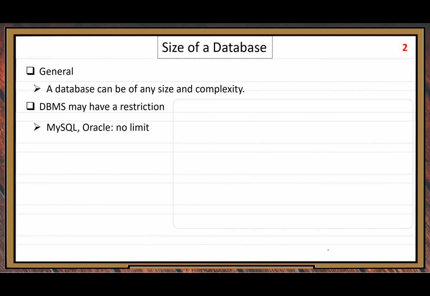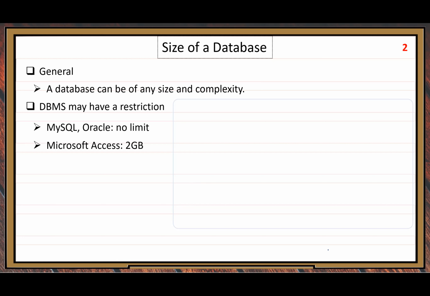Let me use these simple examples. For MySQL and Oracle, no limit, because these two powerful DBMSs are used in industry. But we know Microsoft Access is for small business, or even personal, home business.